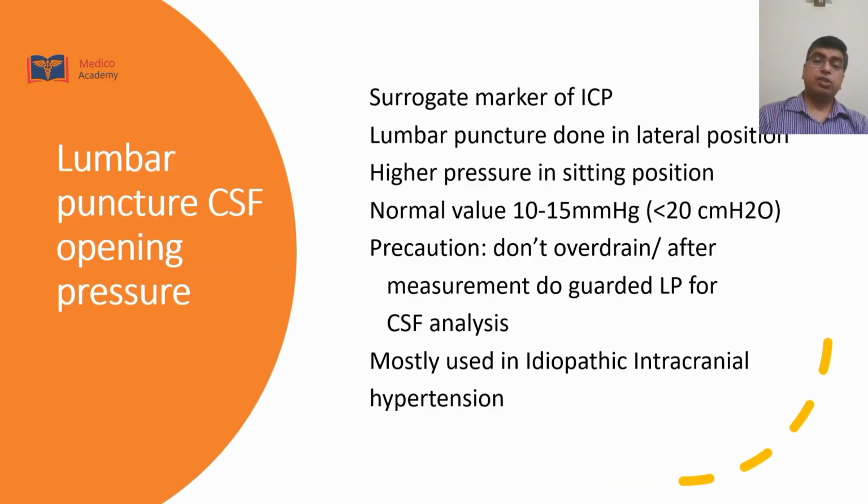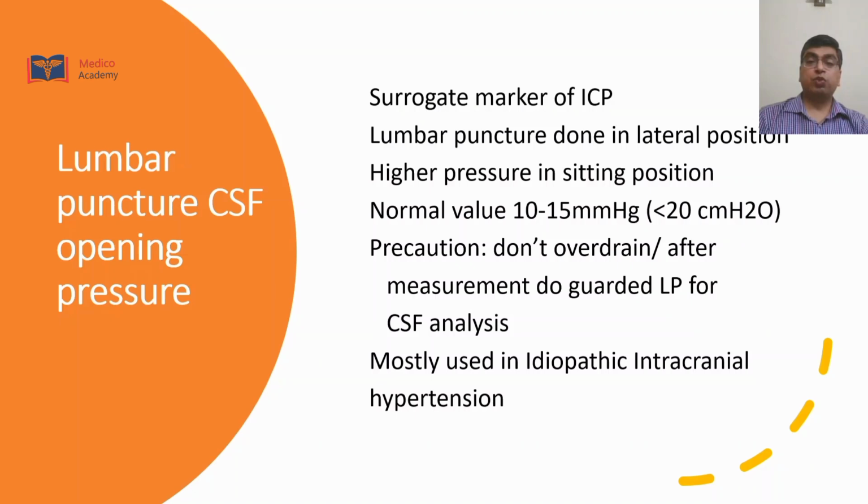The other method to measure CSF pressure is lumbar puncture CSF opening pressure. It's again a surrogate marker, but a much less invasive procedure. In this, lumbar puncture is done in the lateral position, because if you do it in the sitting position, you see higher pressures.